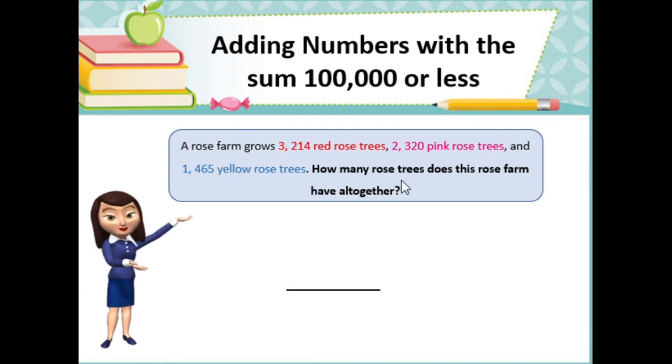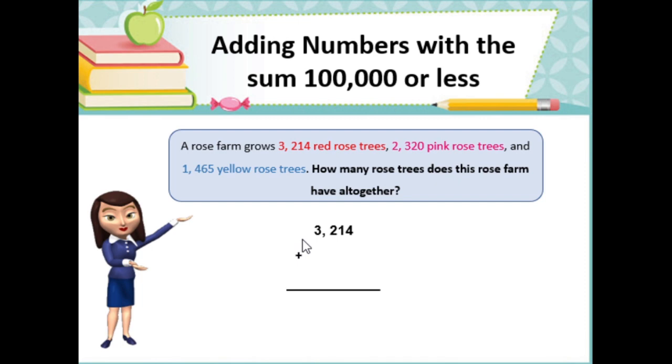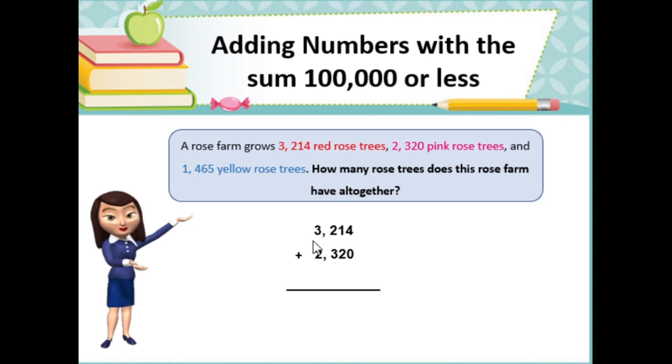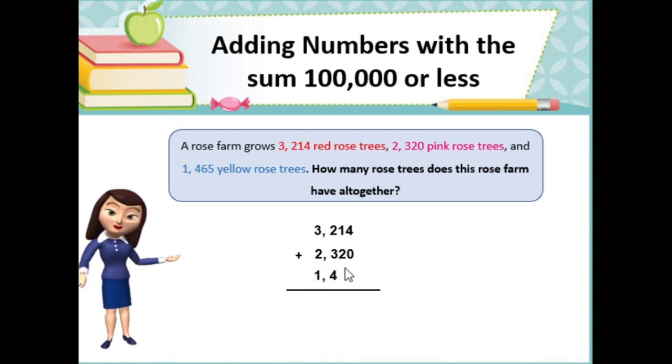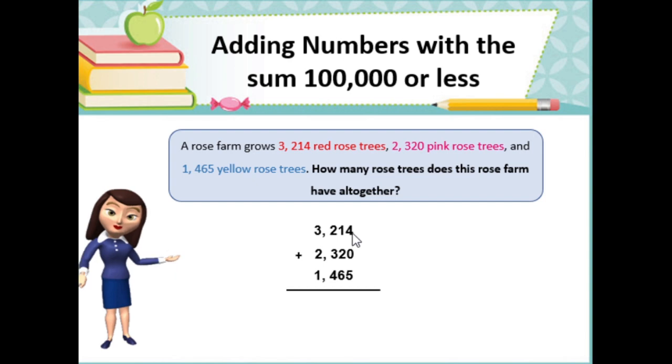How many rose trees are there in the rose farm? This time we're going to put them together through the use of the addition operation. So it's 3,214 plus 2,320 and 1,465. Add from the right.